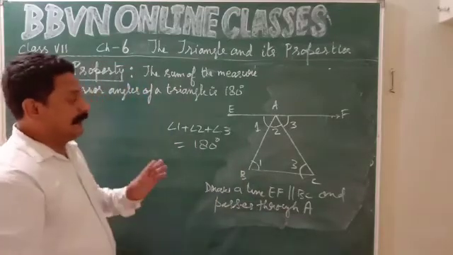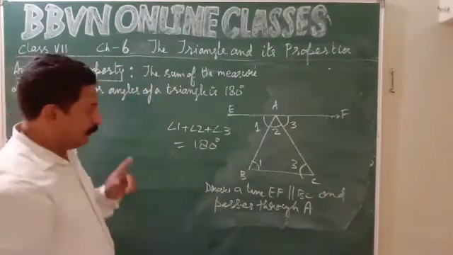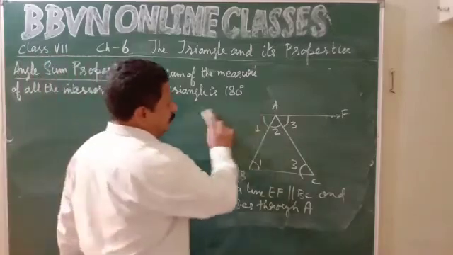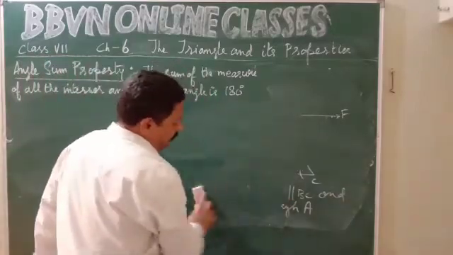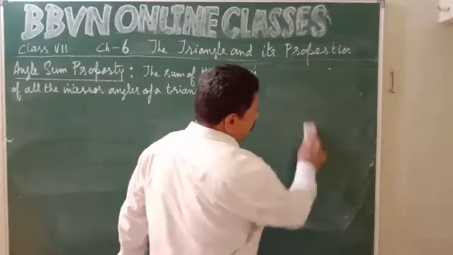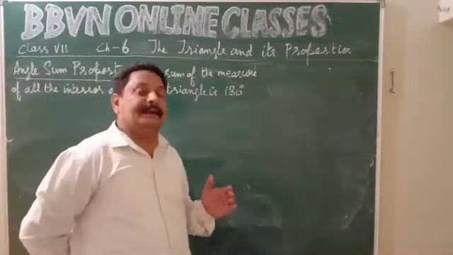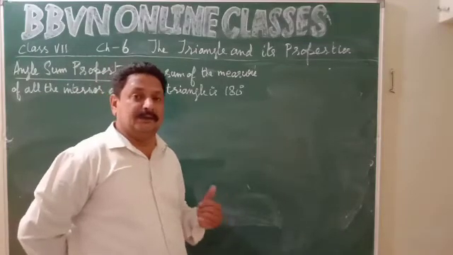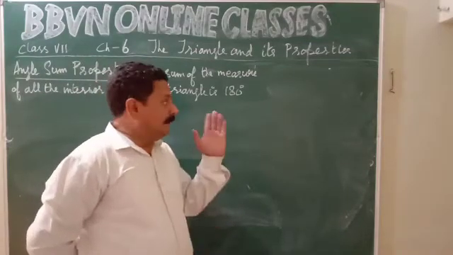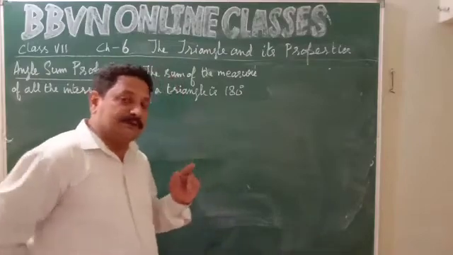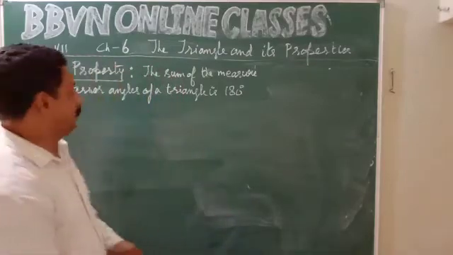So this was the angle sum property of a triangle. What does it say? It says that the measure of all the interior angles of a triangle is equal to 180 degrees. In the angle sum property, we will also see the exterior angle property.